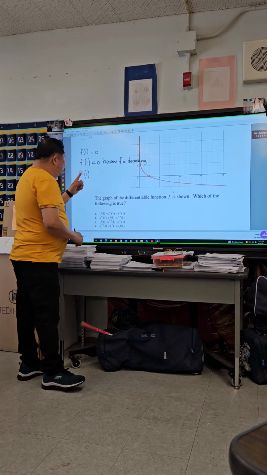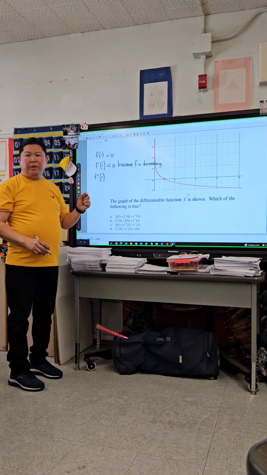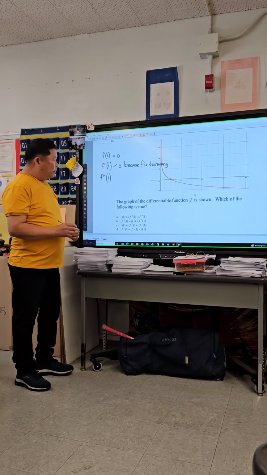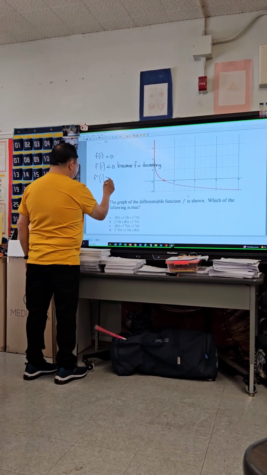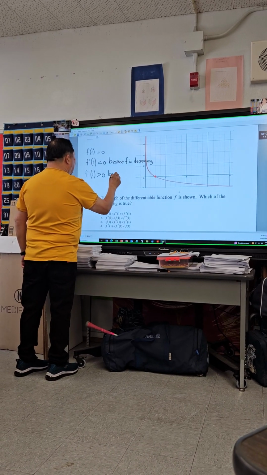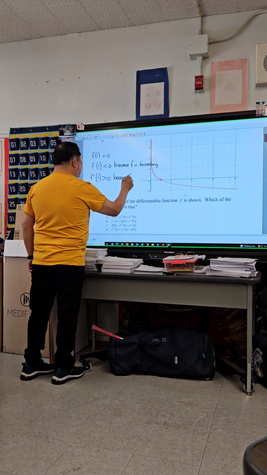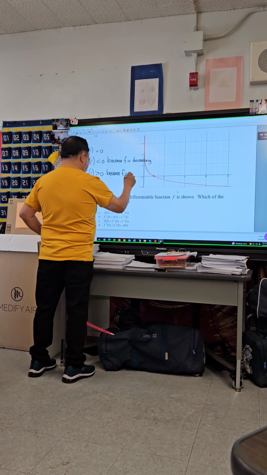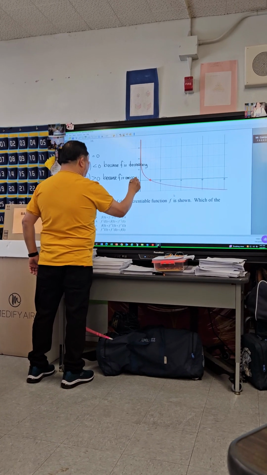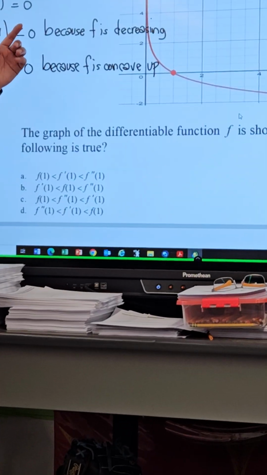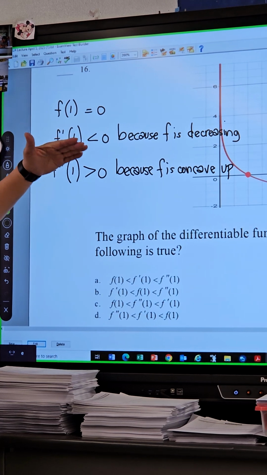So, that means if it is concave up, it is greater than 0. Okay? Greater than 0. So, concave up. So, again, look at the intersection.